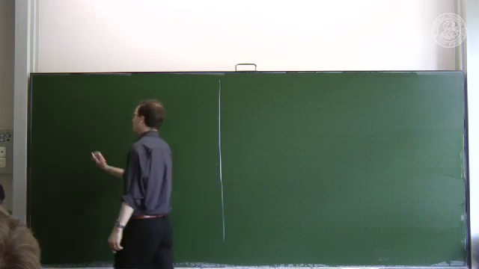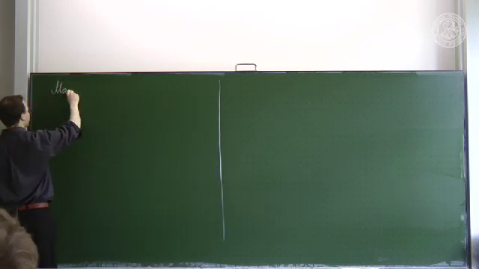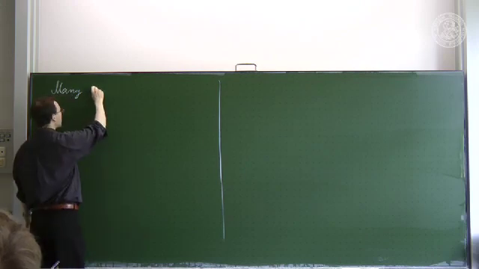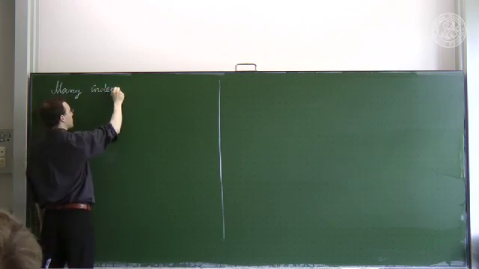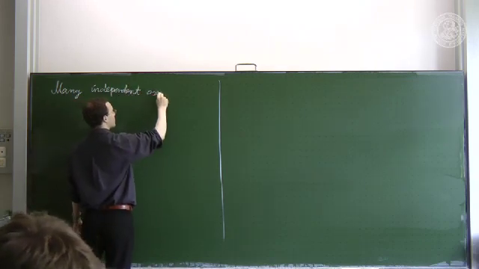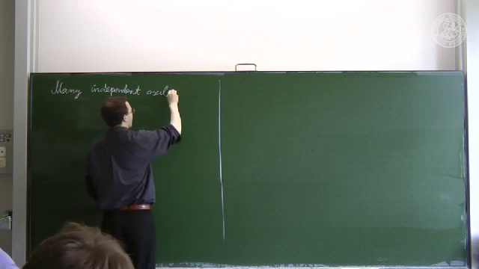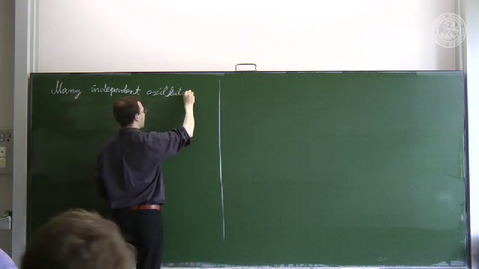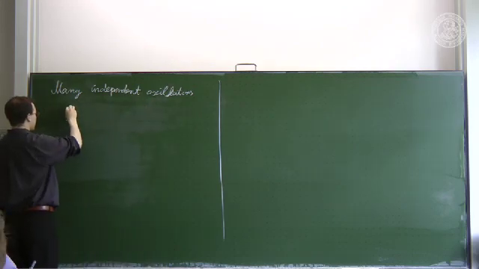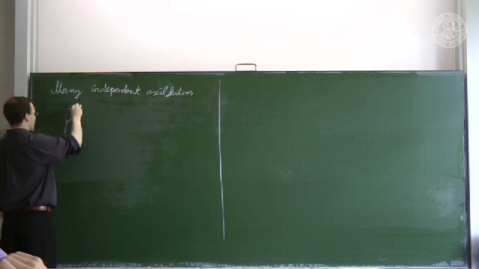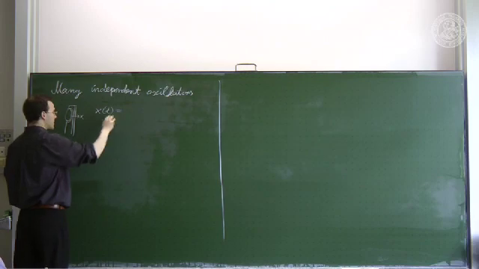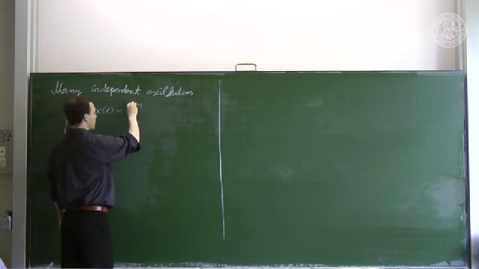So what happens if I have many oscillators, but in particular many independent oscillators? Because all these mechanical normal modes are really independent. They have been chosen to be independent. So the situation in this case would be that the displacement which I measure is really a sum over these normal mode coordinates.